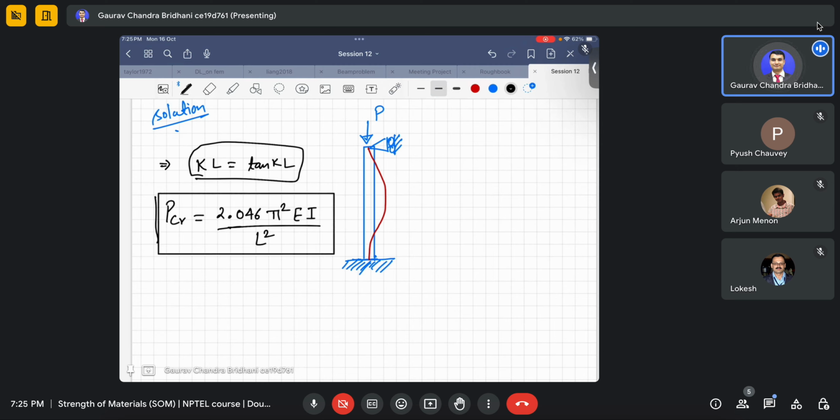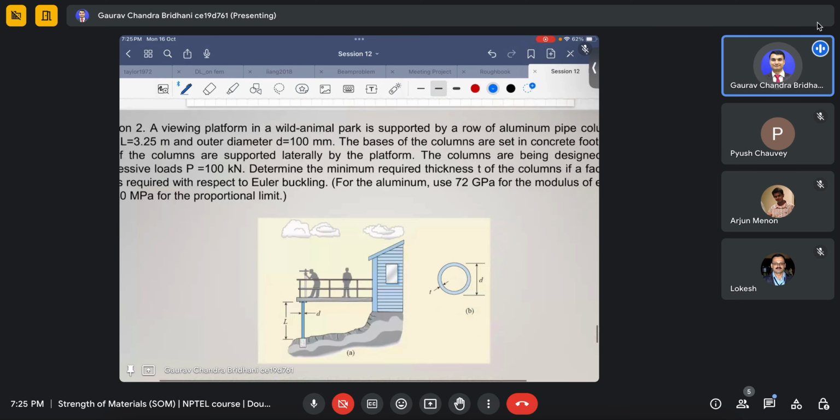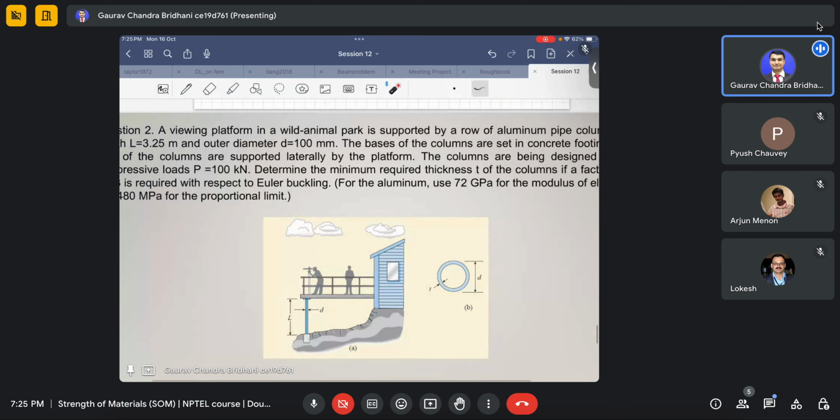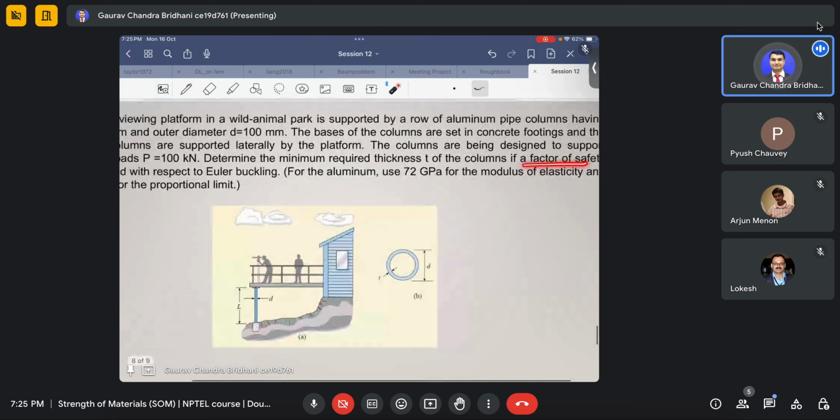Now P is given to us as 100 kilonewton. In the question itself it is given that the columns are designed to resist a compressive load of 100 kilonewton, and we also have a factor of safety of 3.